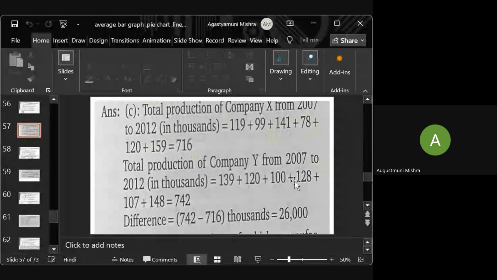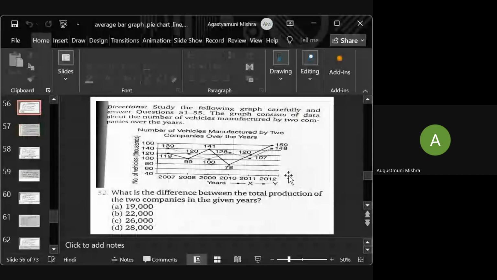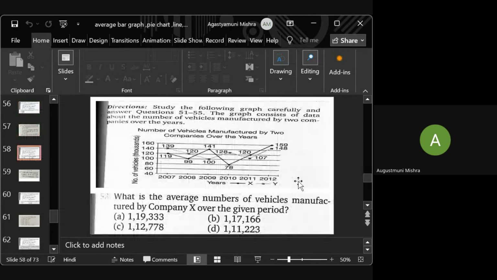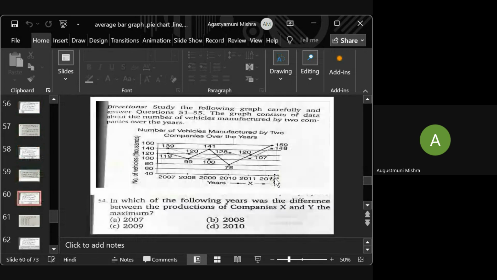As you have observed, something is missing, so we can just leave this question because we have an issue with this. Another question related to this also has a printing mistake in this diagram only. So I'm just moving to another one, and I'm leaving this question.